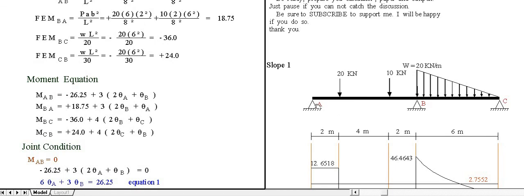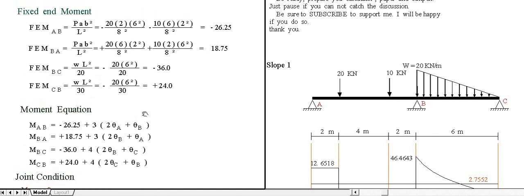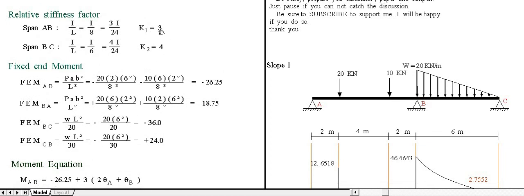So moment AB is this: fixed end moment minus 26.25 plus the stiffness factor K. K here is 3, K here is 4.